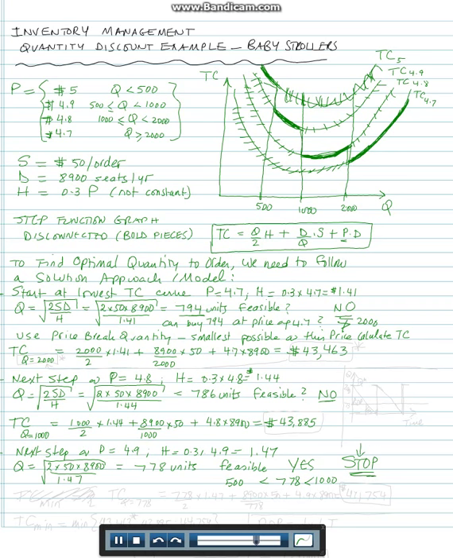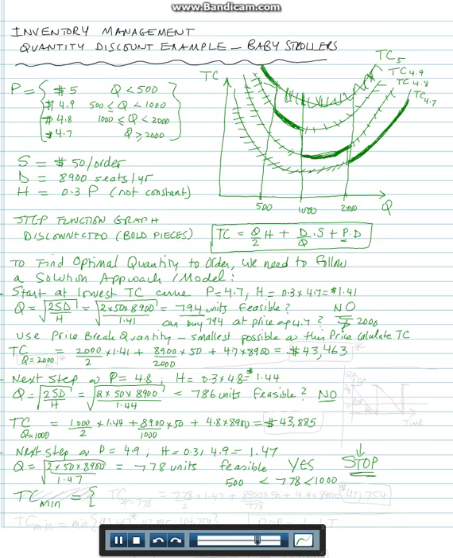So now you pick the absolute minimum TC from all the TCs that you have calculated so far. But we still have to calculate the TC at this feasible quantity.